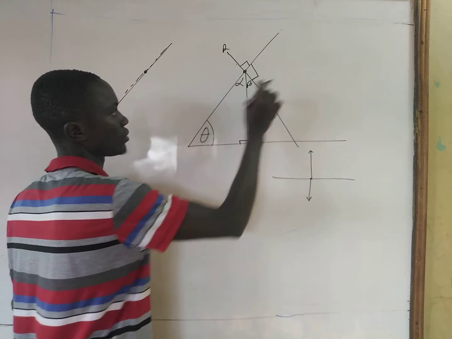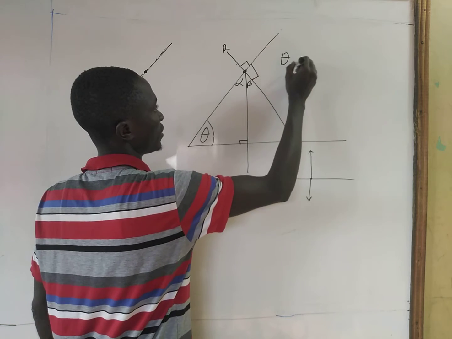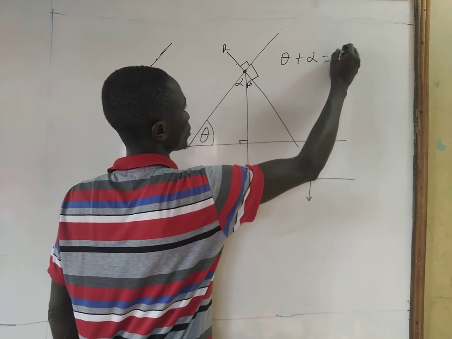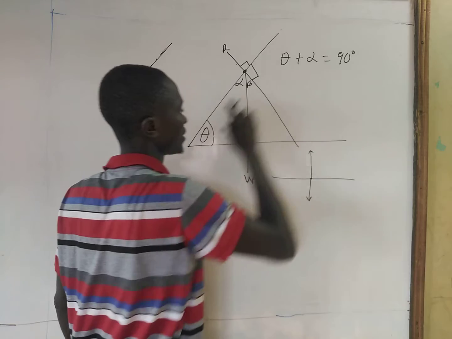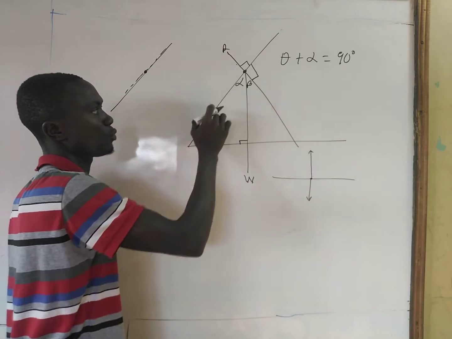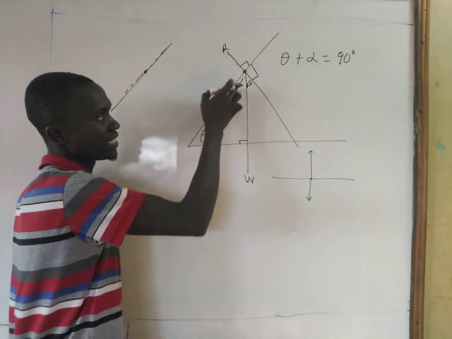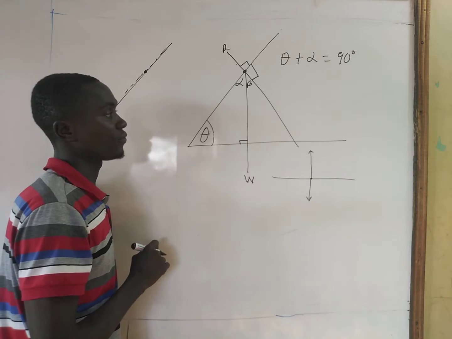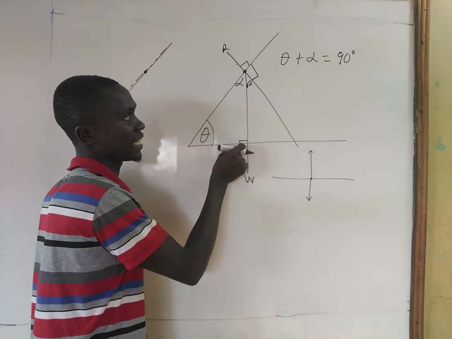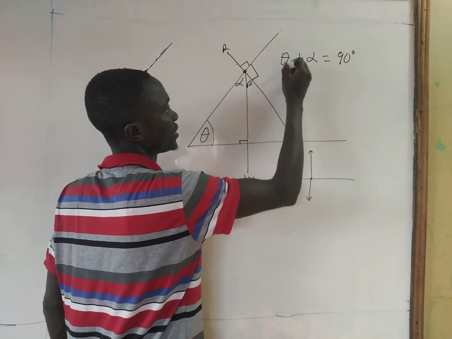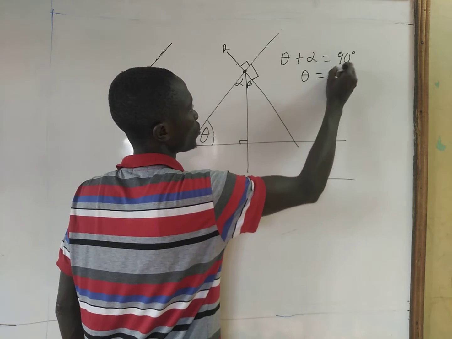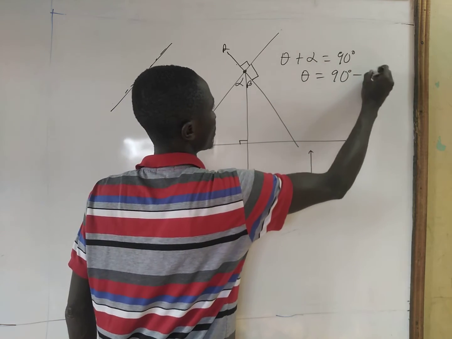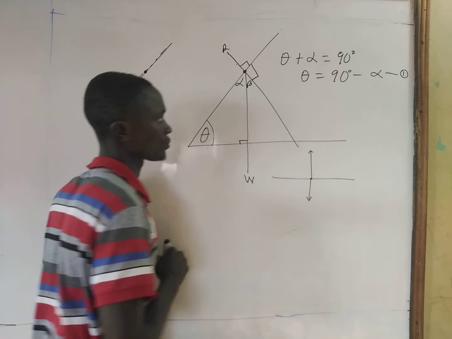Now, in this triangle, theta plus alpha equals 90 degrees. That is, the sum of the opposite co-interior angles of a right angle triangle is equal to 90 degrees. So here we have theta equal to 90 degrees minus alpha. Let's name this equation 1.